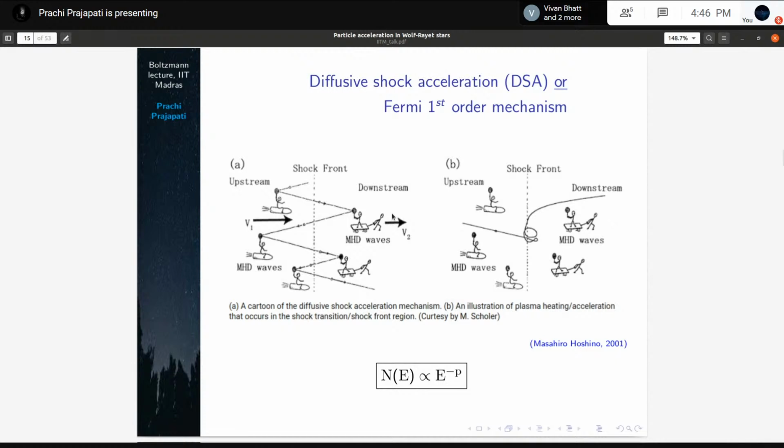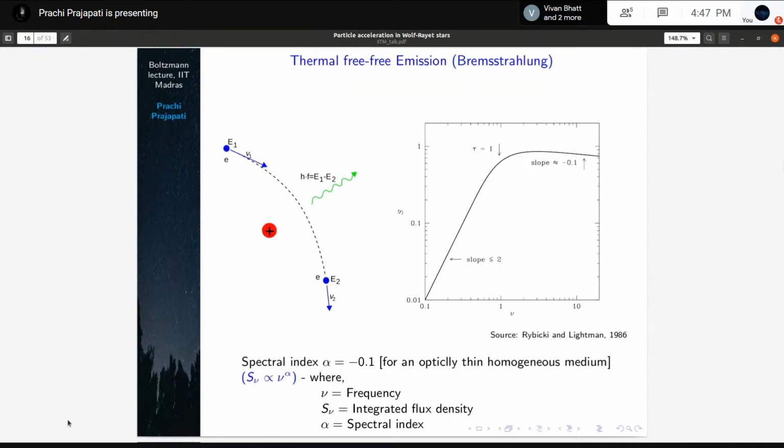Yes, there are evolutionary models which simulate the star's evolution based on the initial mass. Whether it goes to WC, WN or WO all depends on the initial mass of the star. Let me show you one of the backup slides.